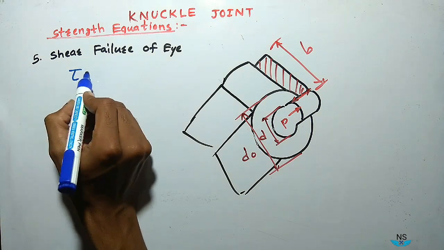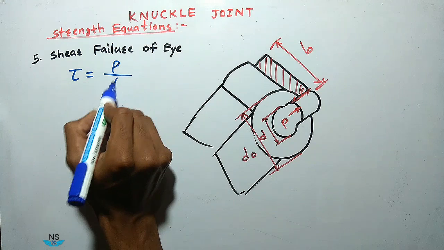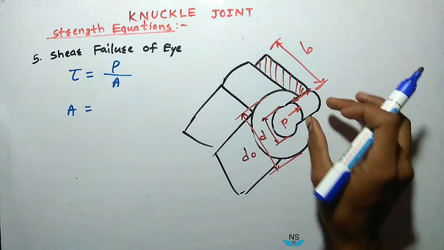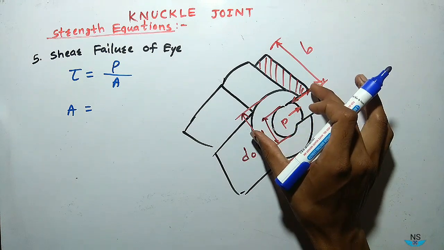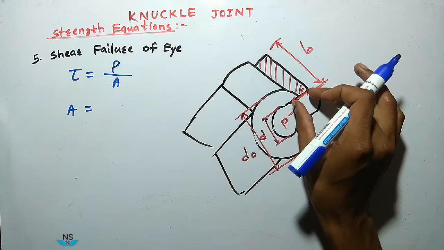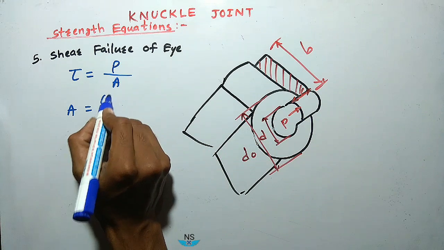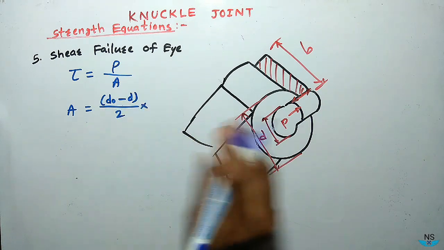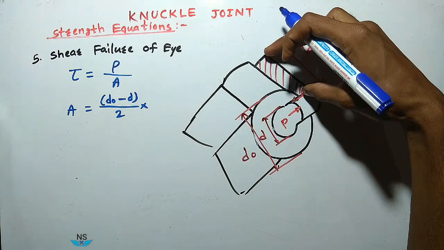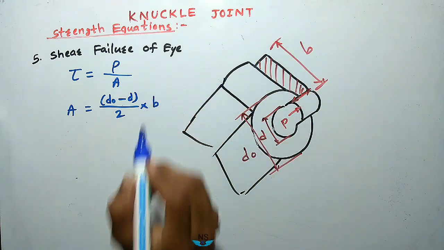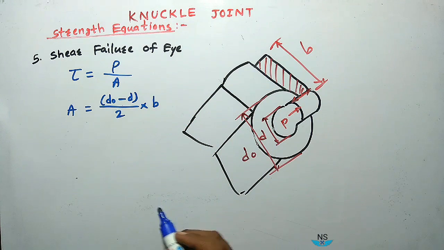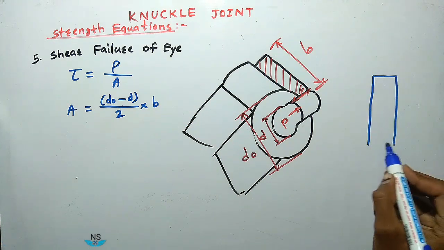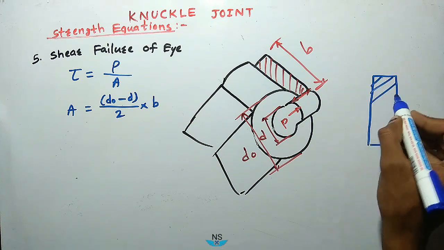So take the equation for shear failure. Tau is equal to P by A. Now area is, this is what? D naught minus D divided by 2 into thickness B. So you may see, this is the failure cross section.